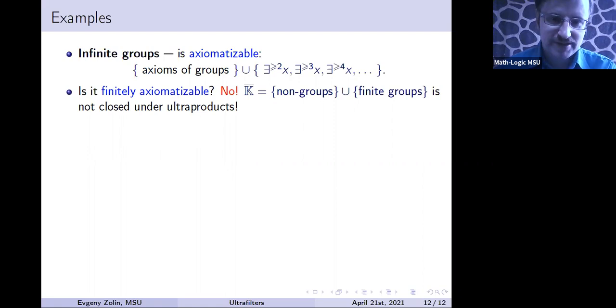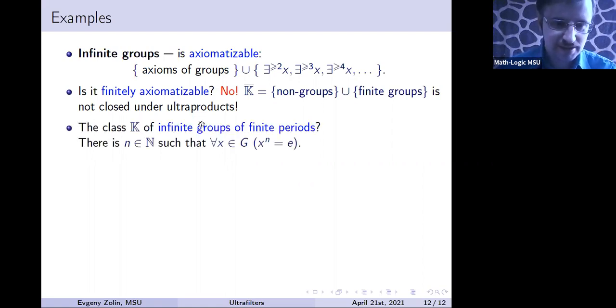Can we define some class of groups such that neither the class itself nor its complement is axiomatizable? Here's an example. This is some combination of finite and infinite. The groups must be infinite, but something must be finite about them. Let us consider the period.